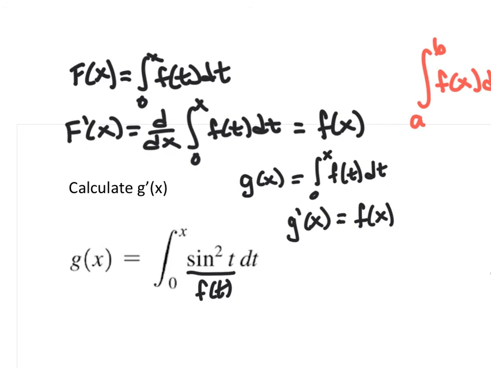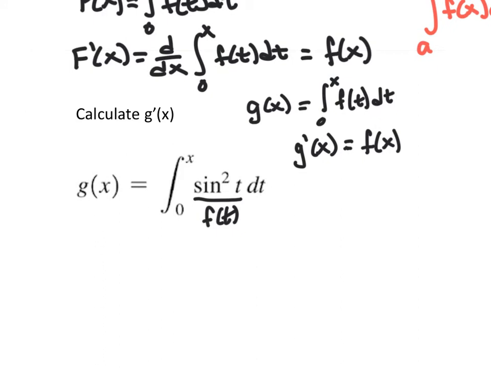What I want to show you is that having an integral defined function and taking its derivative in this notation using big F of x is the same thing over here using the function g. If I take its derivative, I'm still just going to get my integrand in terms of my upper bound, so I'll just get f of x. So it's really not too terrible.